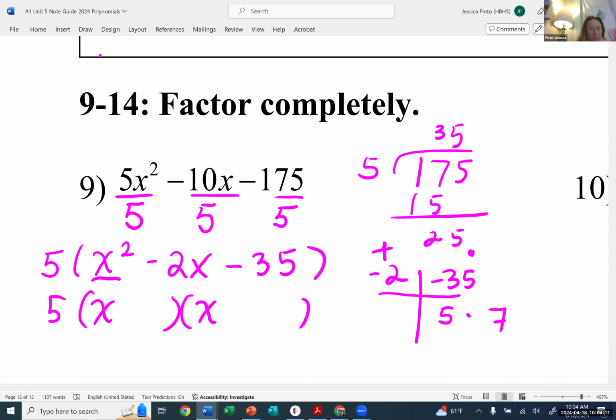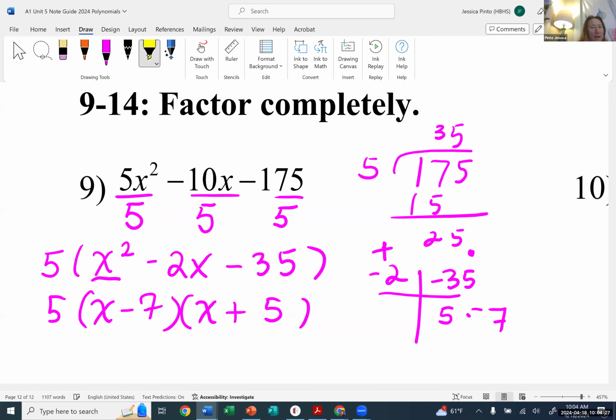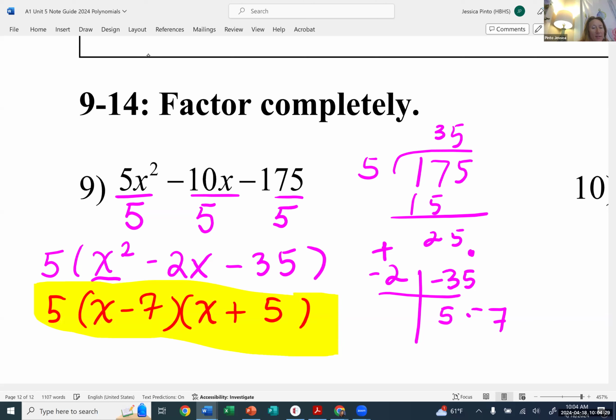Negative 7 plus 5. That's right. I want the bigger number to be negative. 5 minus 7 will yield negative 2. So I'm going to put the negative 7 here, the positive 5 here. And we'll highlight our answer. We feel good about this.